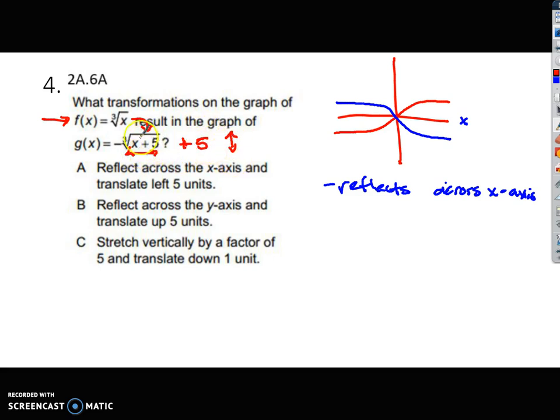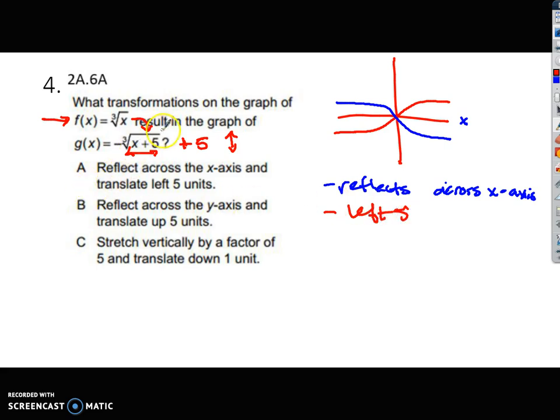This plus 5 inside the radicand, the little house right here, is affecting the x. So it's going to move it sideways. Remember that when you affect x, it does the opposite of the sign. So instead of moving right, because the numbers get bigger to the right, it's actually to the left. So this is going to go left by 5.